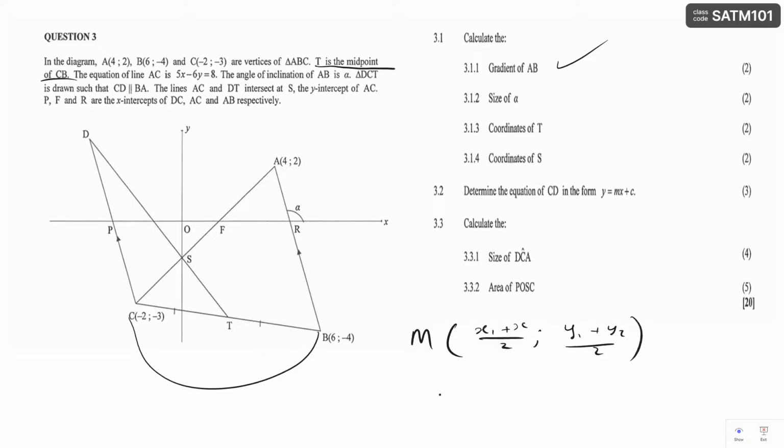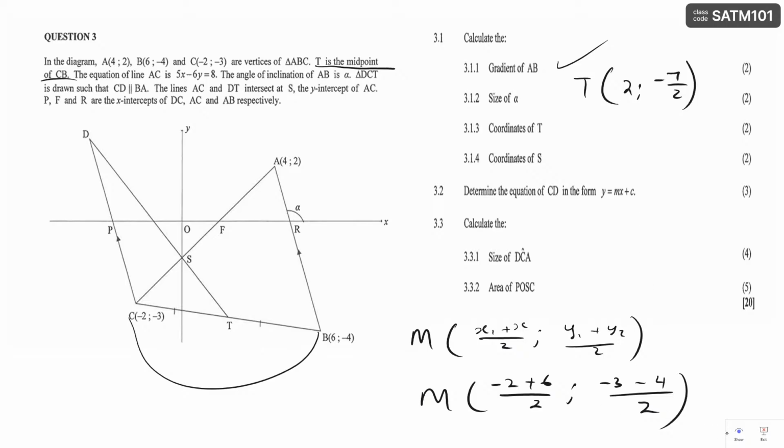So here you're going to say -2 plus 6 divided by 2, then -3 minus 4 divided by 2. Using your calculator, -2 plus 6 divided by 2 gives 2. Then the other one is -3 minus 4 divided by 2, which is -7/2.